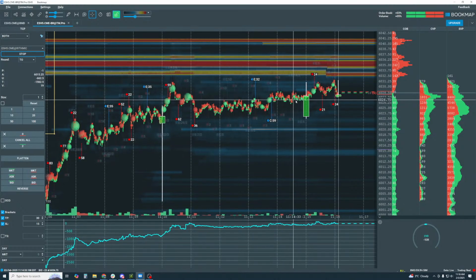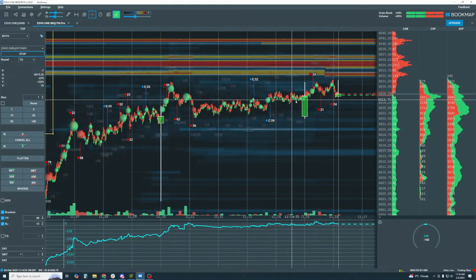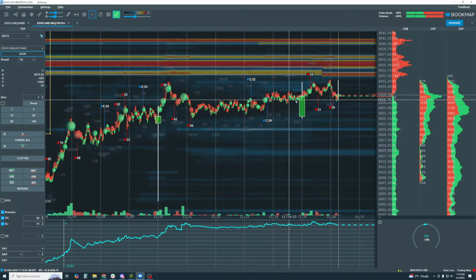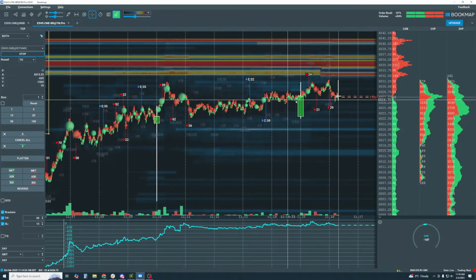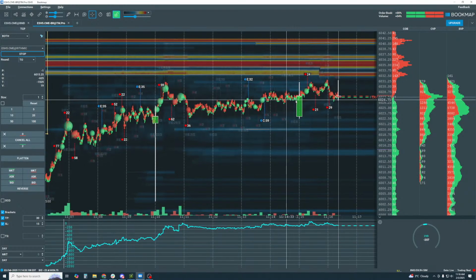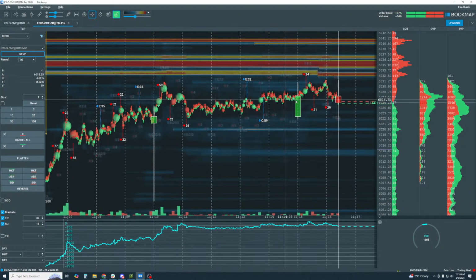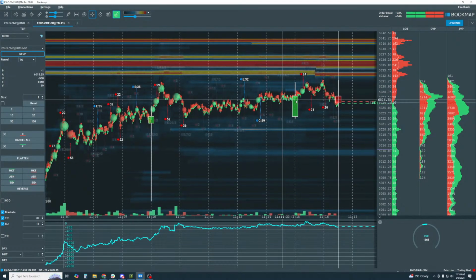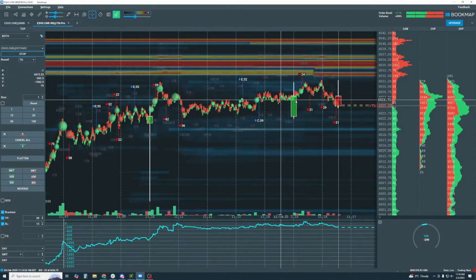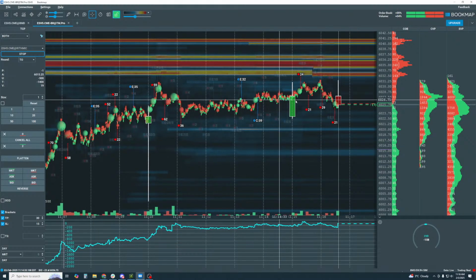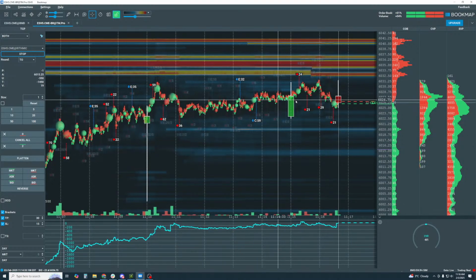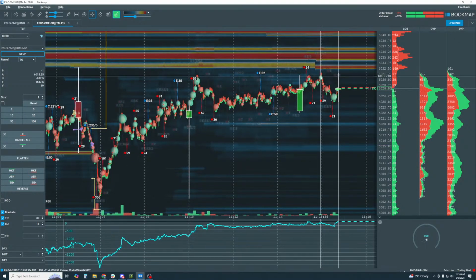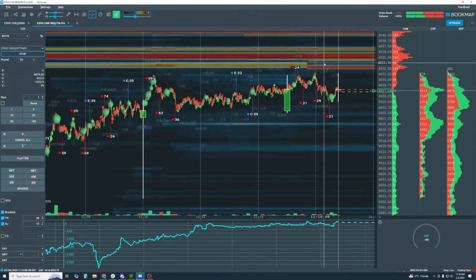Certainly looks like it. Wouldn't say it's exhaustion up here, that's for sure, but it doesn't seem to be too much buying interest. This is kind of retesting.